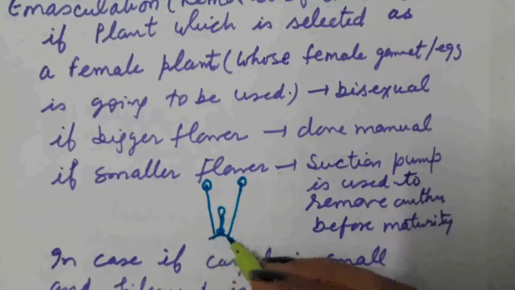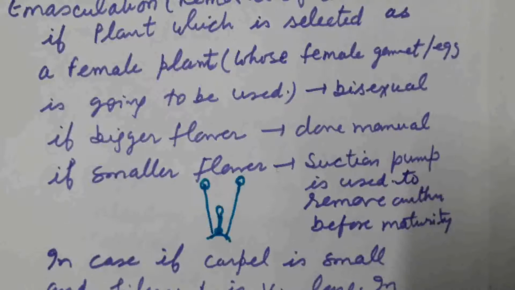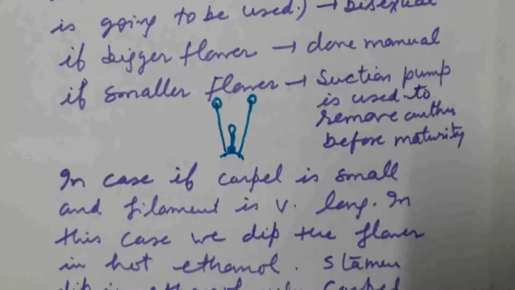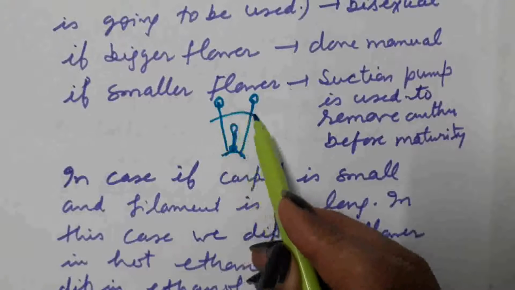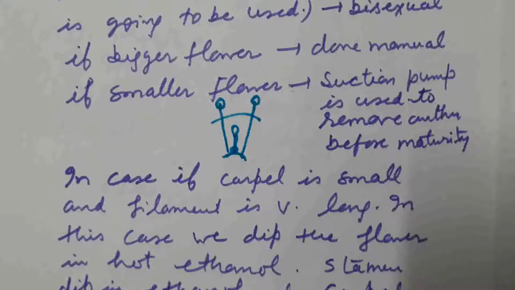In this case we use hot ethanol and dip the flower in the hot ethanol. The carpel remains untouched by the ethanol, it remains the same, and the stamen is removed by dipping the flower in hot ethanol when the stamen is long enough.